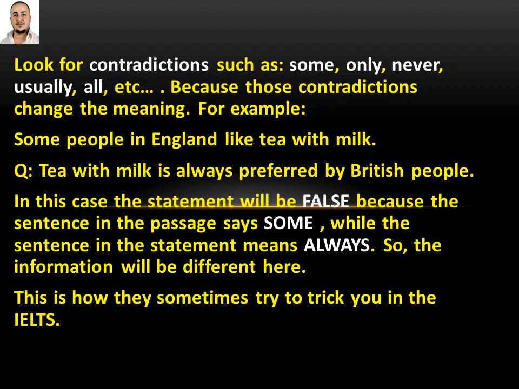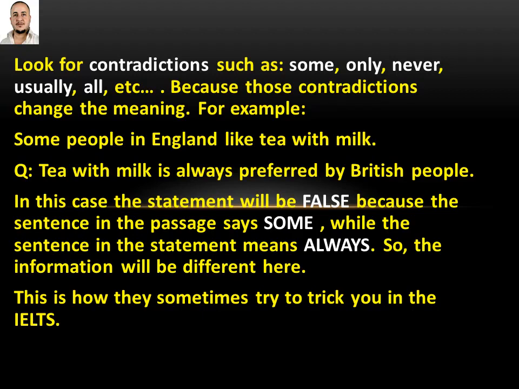Let's reread it. In the passage it says some people in England like tea with milk, while in the statement in the question, as we say, tea with milk is always preferred by British people. In this case, the statement will be false because the sentence in the passage says some, while the sentence in the statement means always.